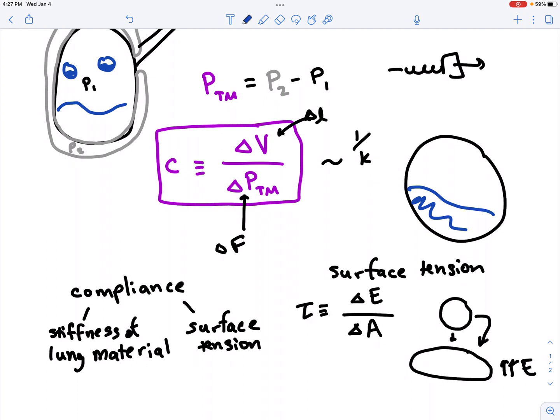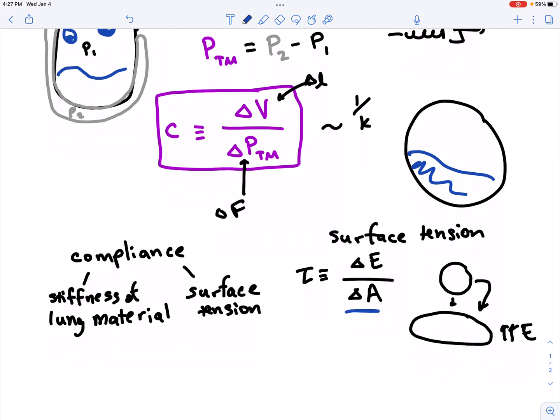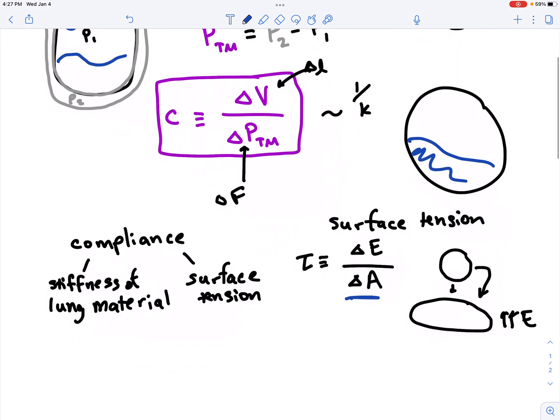That amount of water is going to get spread out over the wall of the alveolus, and it's going to have to, therefore, increase its area. So we can imagine why this energetic cost of increasing area is now going to contribute to the stiffness of the lung, right? It is going to contribute to the resistance of our lung. Now, I shouldn't say resistance because that has another definition, but it's going to contribute to the hesitancy of our lung to want to open up.